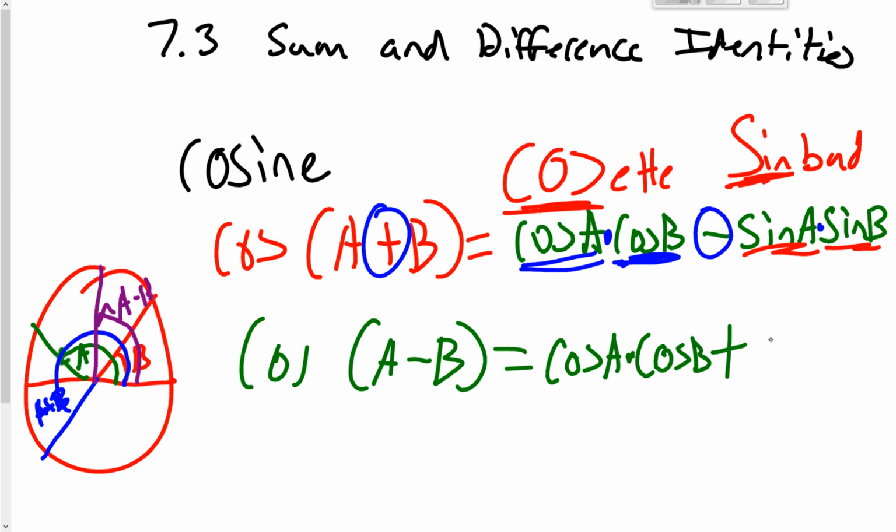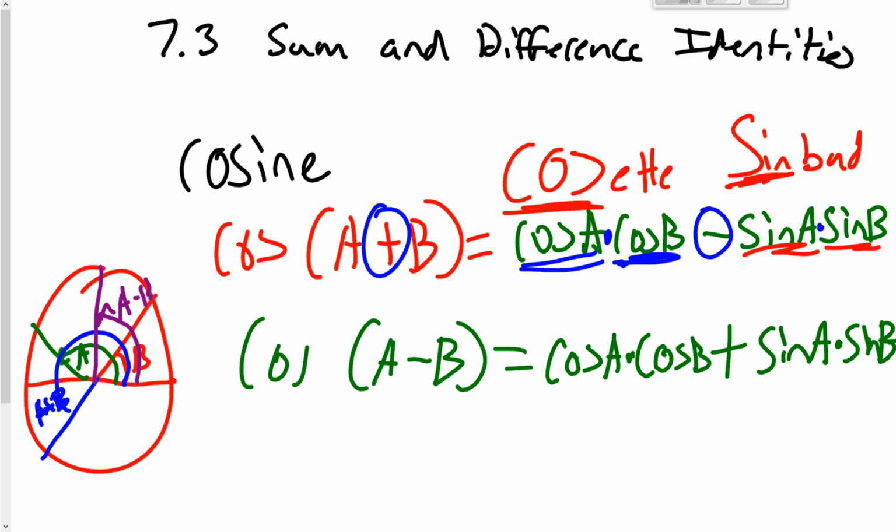And then Sinbad hangs out with his brother, so sine of the first times sine of the second angle. Okay, so those are the sum and difference identities for cosine.